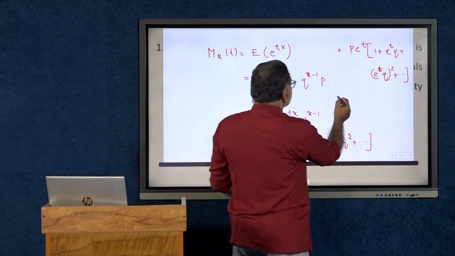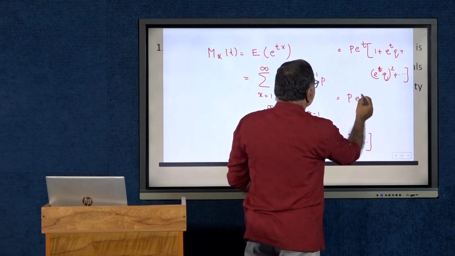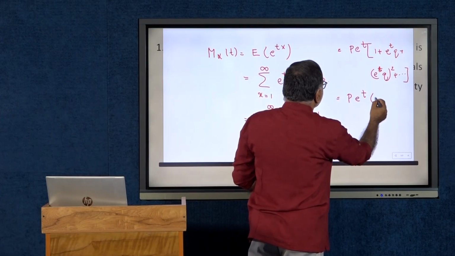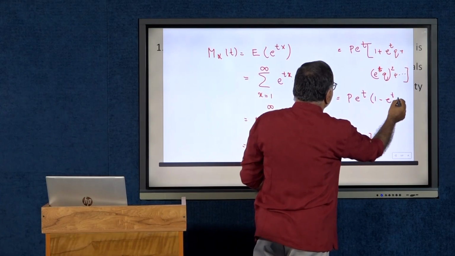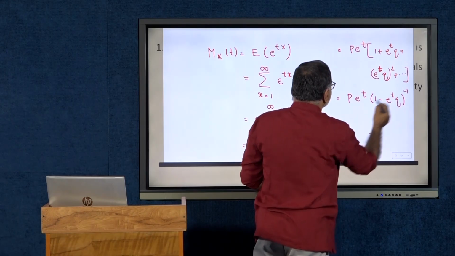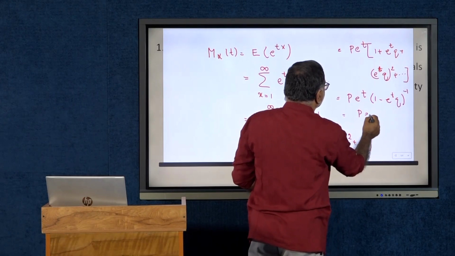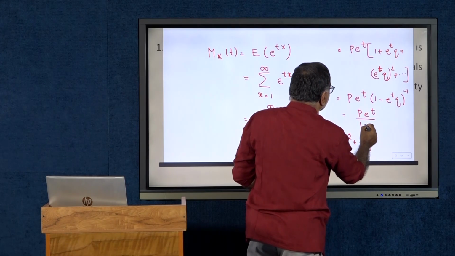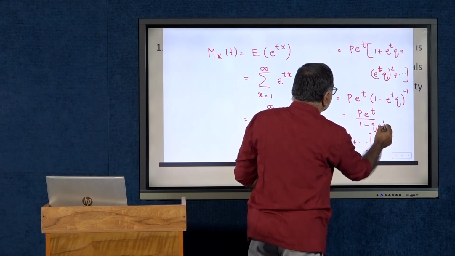Or this is p into e power t into 1 minus e power t q all power minus 1, or that is p e power t divided by 1 minus q e power t.